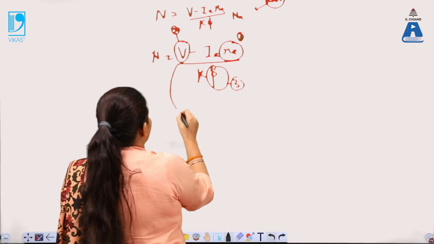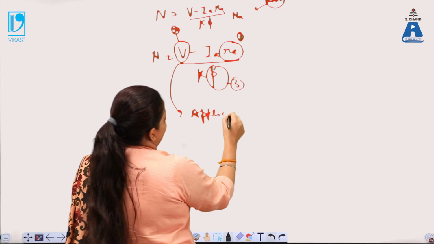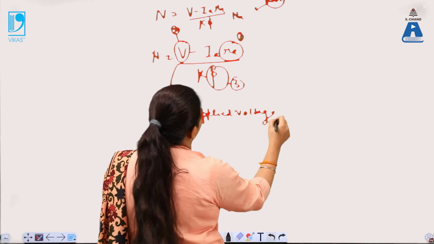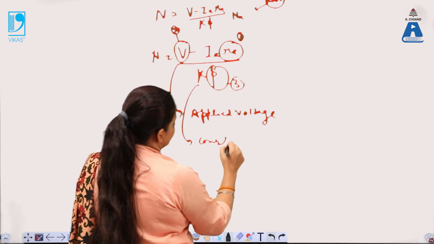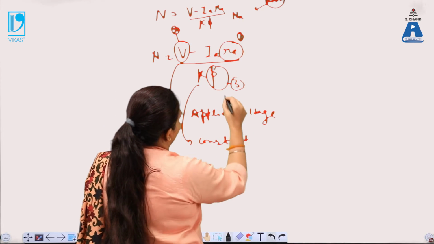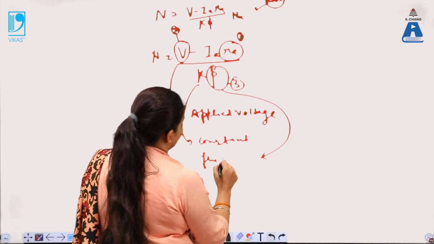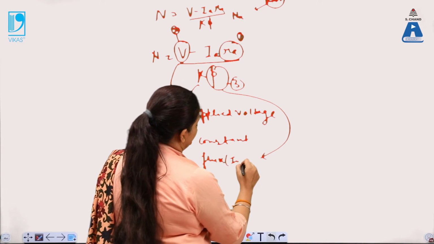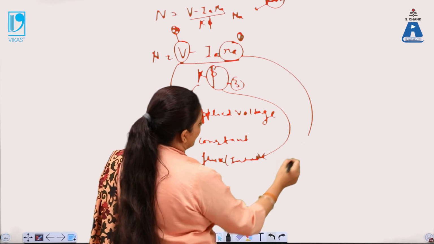So, what is V over here? Firstly, this is the applied voltage. K is the constant, which is the proportionality constant over here. What is phi? Phi is the flux, the induced flux. And next, what is Ra over here?